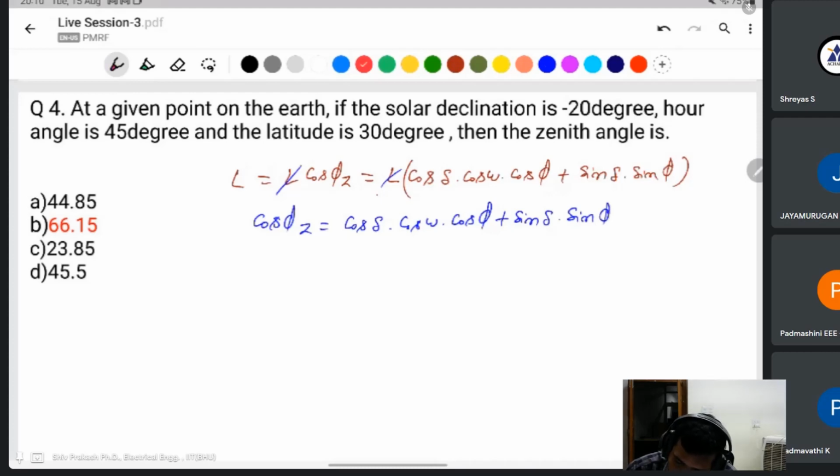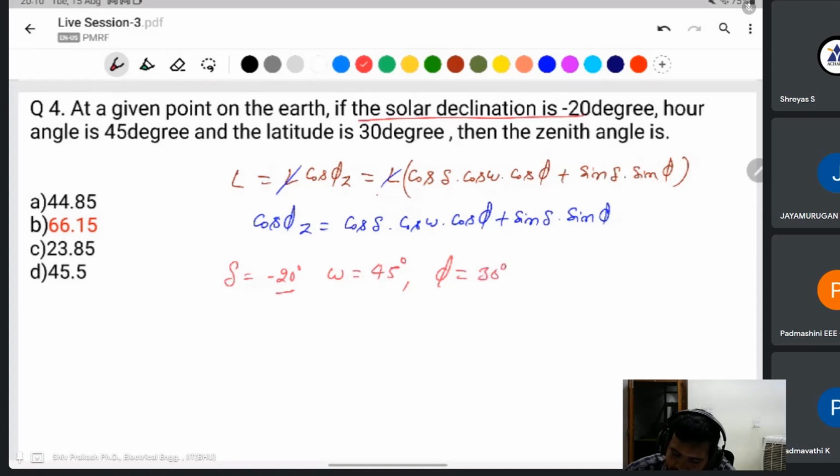The declination angle is minus 20 degree, the hour angle omega is 45 degree, and the latitude angle phi is 30 degree.